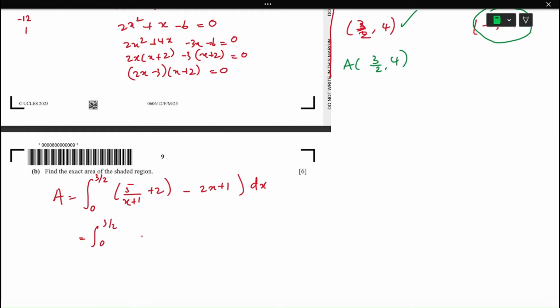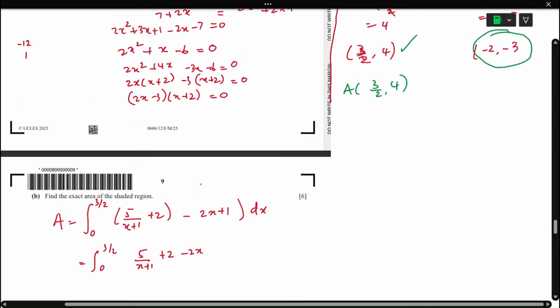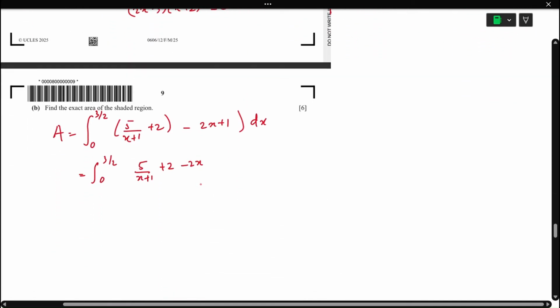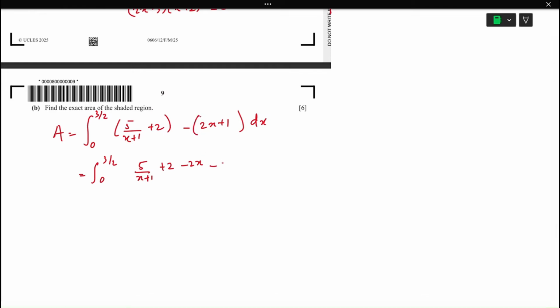So I'm just simplifying here: 5 by x plus 1 plus 2 minus 2x minus 1, because we are going to subtract this equation. Okay, minus 1 dx.